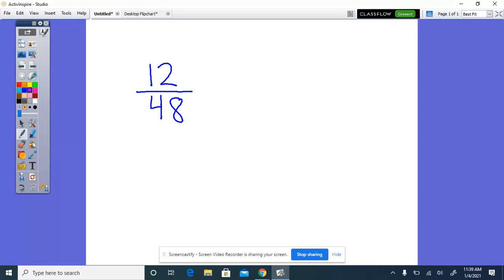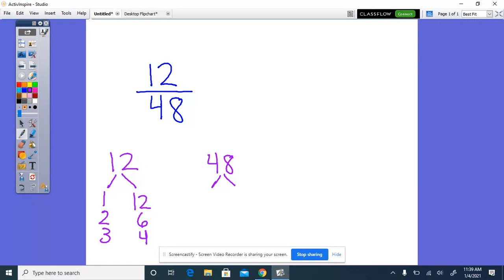Now, let's think about what numbers go into 12 and what numbers go into 48. Okay, so 1 times 12 is 12. 2 times 6 is 12. 3 times 4 is 12. This is the same as our last chart, right? So now let's move to 48.